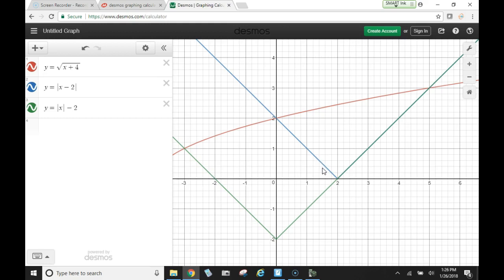Y is equal to the absolute value of x minus 2 is in blue. The set of all xy ordered pairs that would satisfy that equation is down here in green. So I suggest you get on this cool little website, super easy to use, and play around with it a little bit.